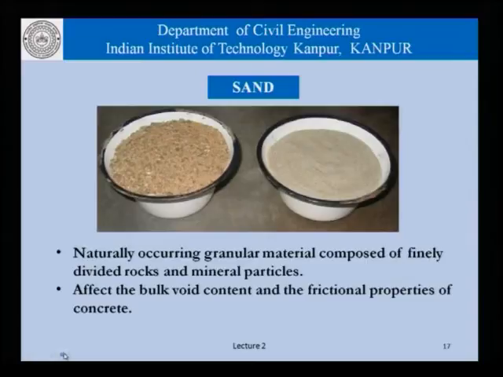A little bit more about sand. This sand here is coarser than this sand here, but both of them are sand. That is, they are very fine in nature, they have no reactive properties and therefore do not qualify as cement, and therefore they are fine aggregate.